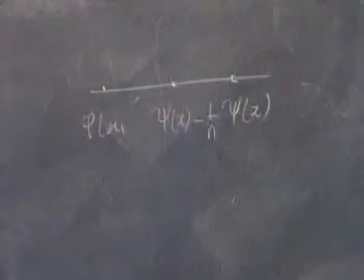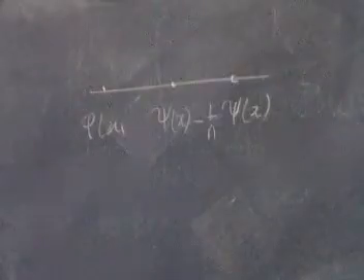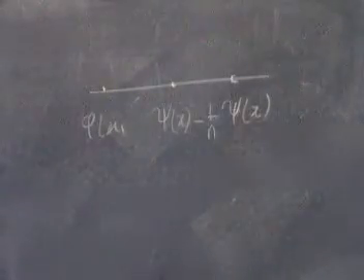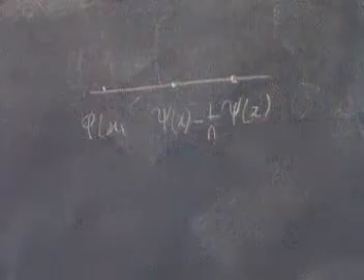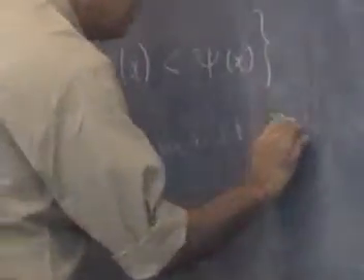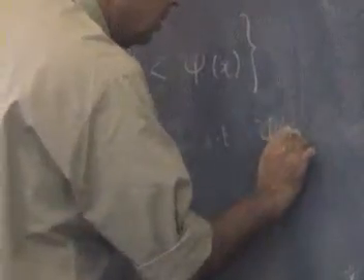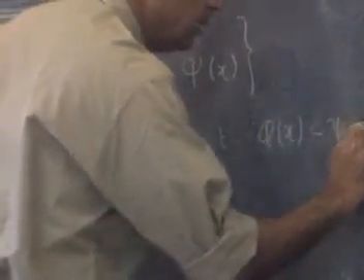So this says x belongs to E implies there is a positive integer n such that phi x is less than psi x minus 1 over n.